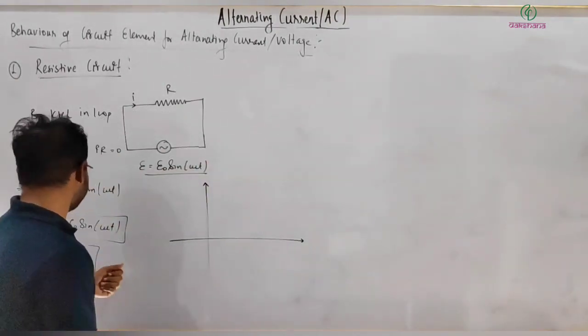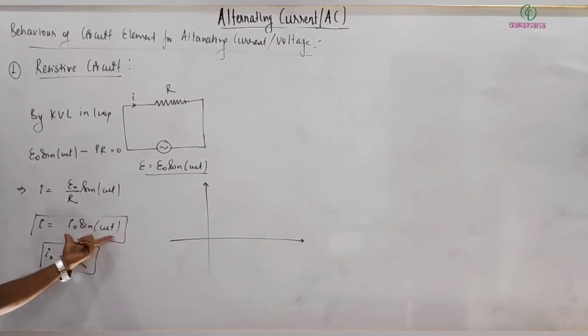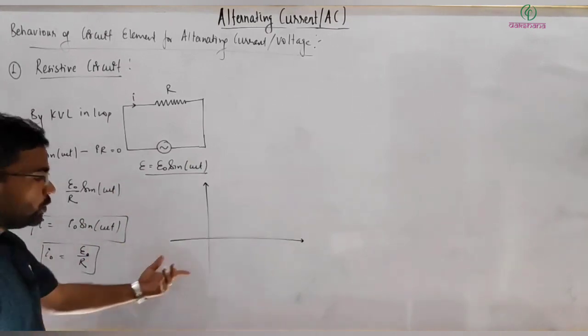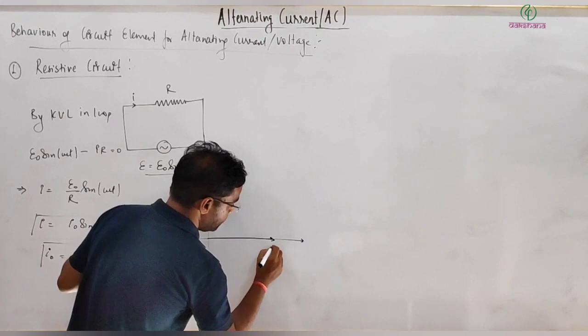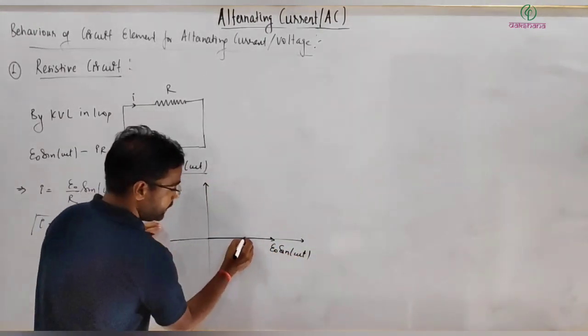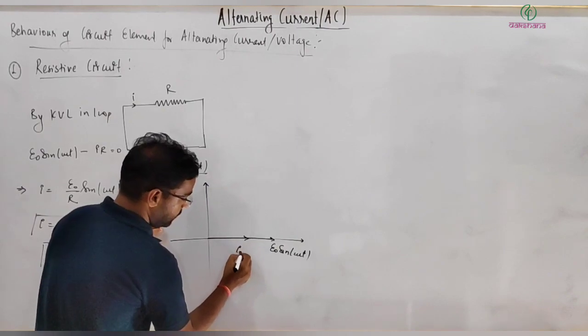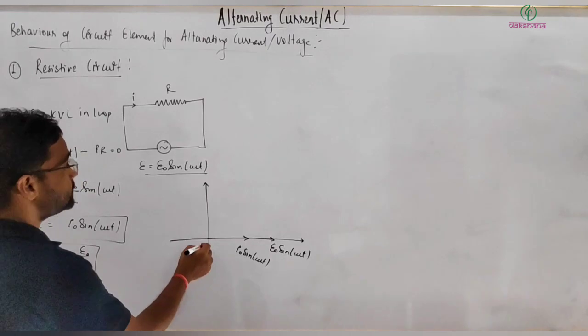The first thing is the phase difference between EMF, or potential drop, and current is basically zero, so both will be on the same axis. If this is E naught sine of omega t, the EMF, then the current will be I naught sine of omega t. So both are in the same phase.